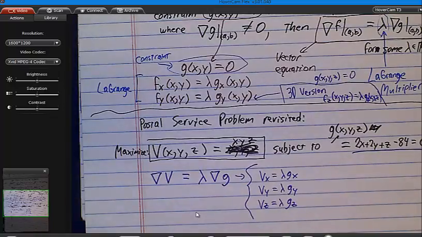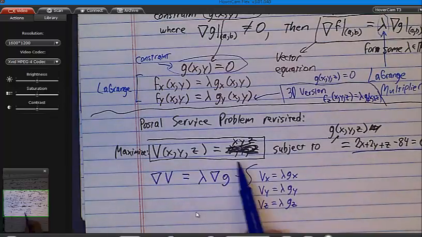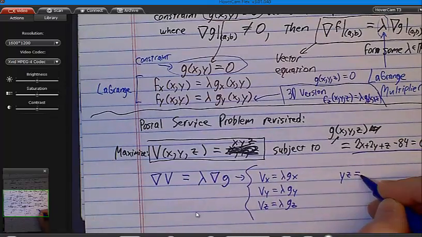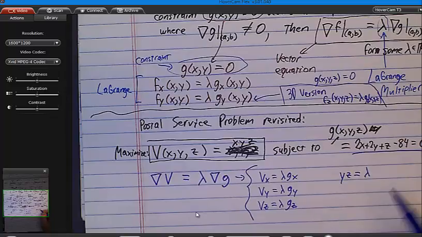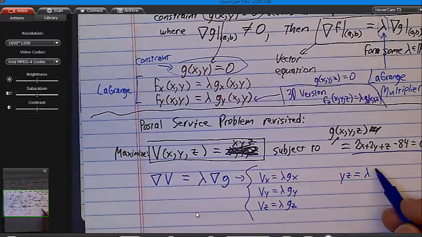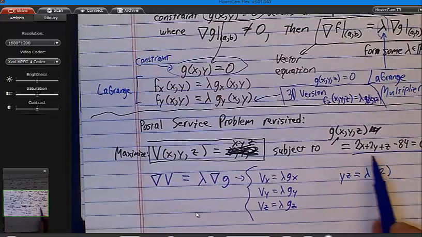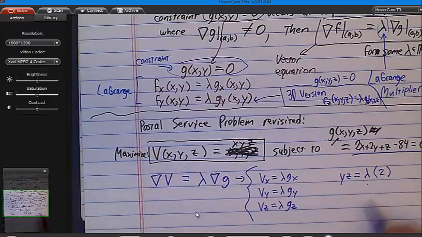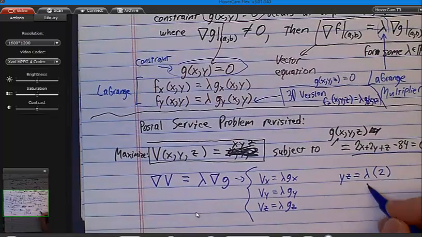So what is Vx? It's yz. So we get y times z is equal to lambda times, now what would be gx in this problem? 2, 2, 1. 2. Just 2. Why just 2? Because we treat all these other things as zeros, right? Now when Kathy's talking about the 2, 2, 1, I think you're jumping ahead and doing gy and gz, right?